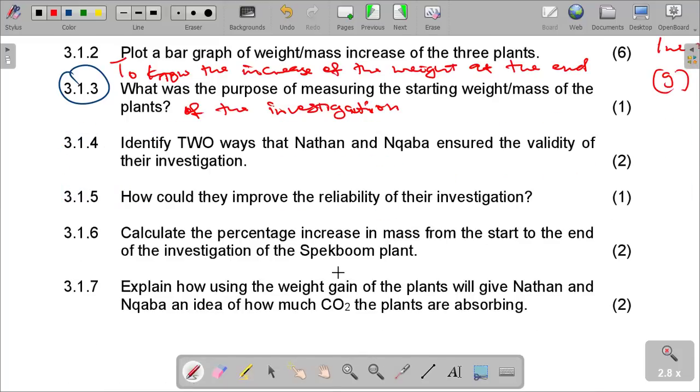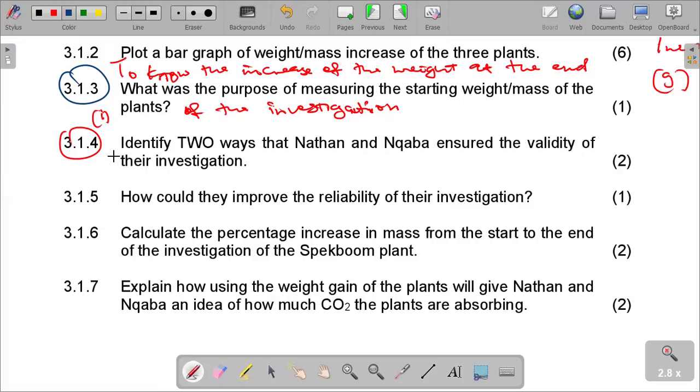Number four is saying identify ways that ensure the validity of the investigation. Validity of an investigation, class, is one common question which you always need to know: when we do an investigation, the validity of the investigation must always be kept.